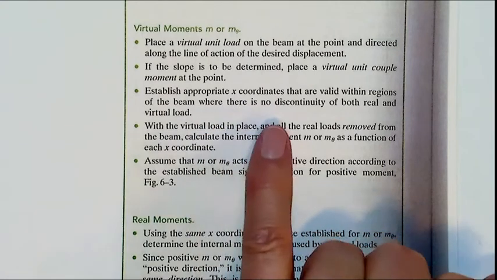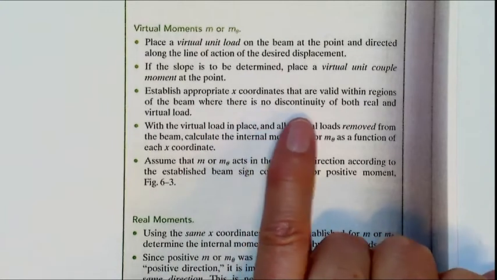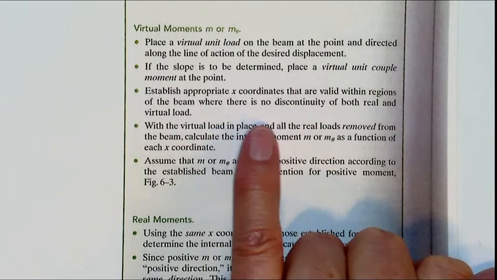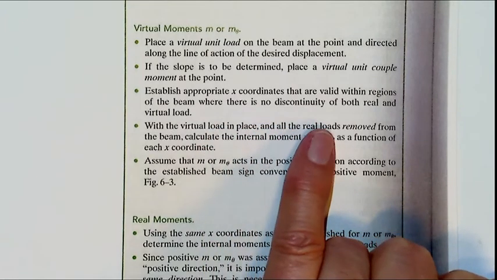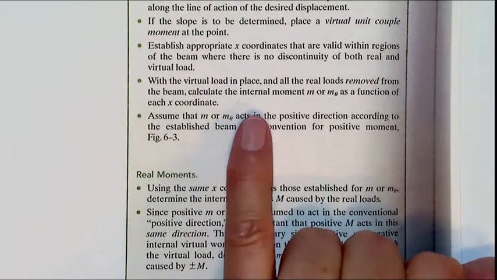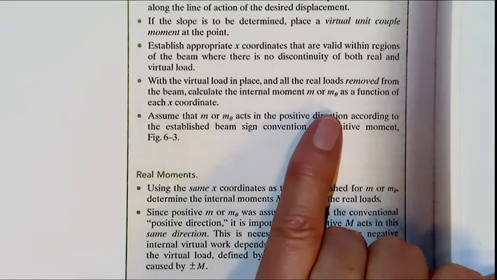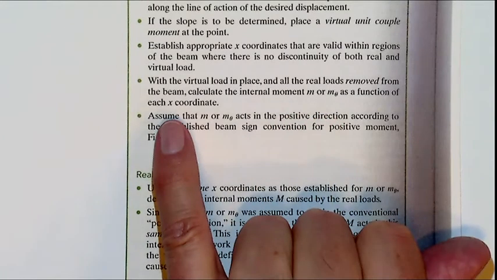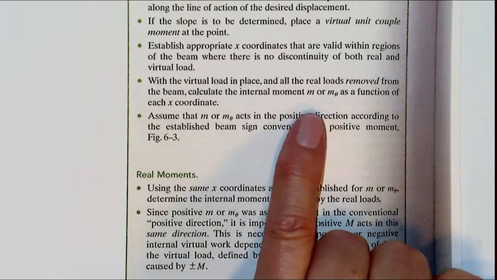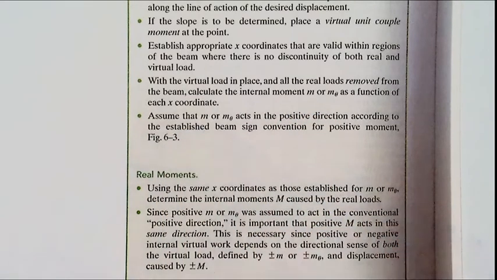Establish appropriate x coordinates that are valid within regions of the beam where there is no discontinuity of both real and virtual load. With the virtual load in place and all real loads removed from the beam, calculate the internal moment m and m theta as a function of x.